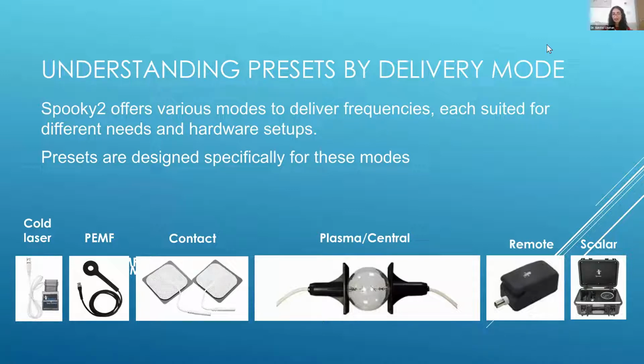Terrain will have the same frequencies whether it's being delivered by scalar, plasma or remote. But the other components are going to be different. You might find that for central there are some additional settings that you won't have for the remote, for example. Even if the frequencies are the same, the other settings change to be specific to that particular mode of delivery.